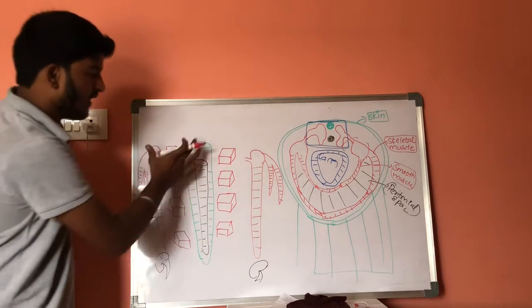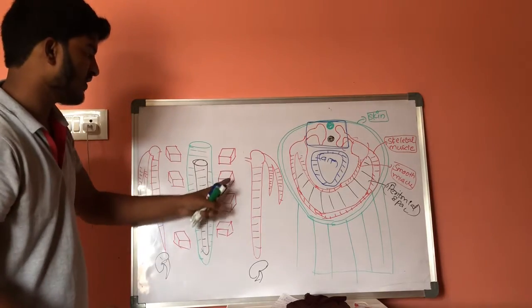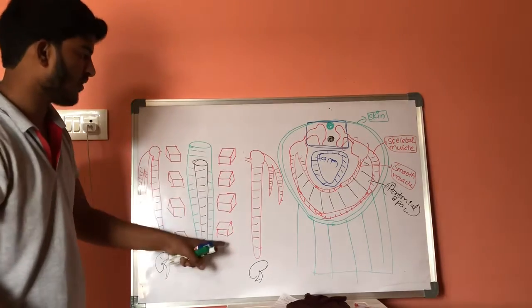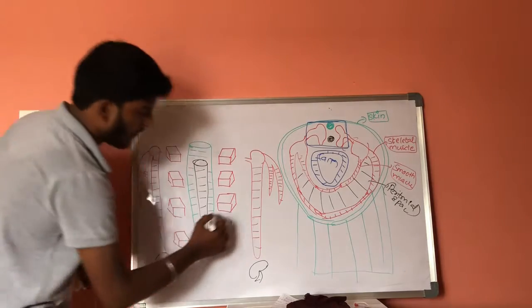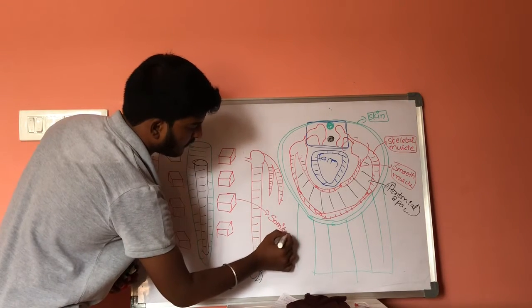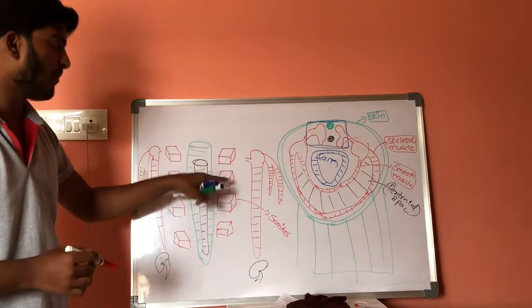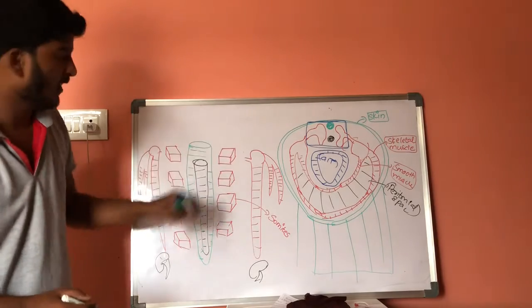In this way, the segments will be formed in the paraxial mesoderms. Each segment formed in the paraxial mesoderm is called a somite. These are called somites.